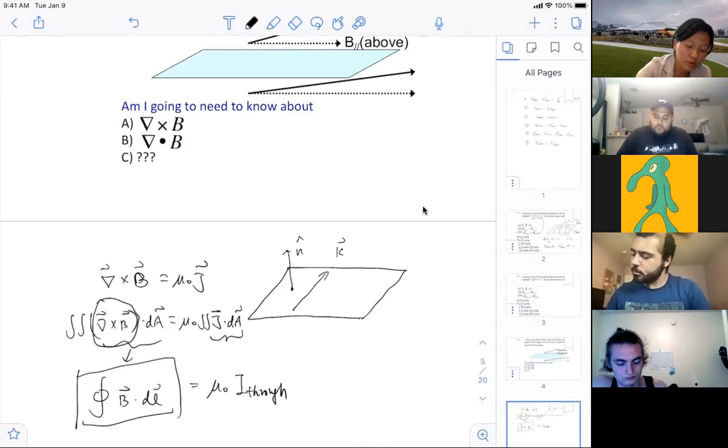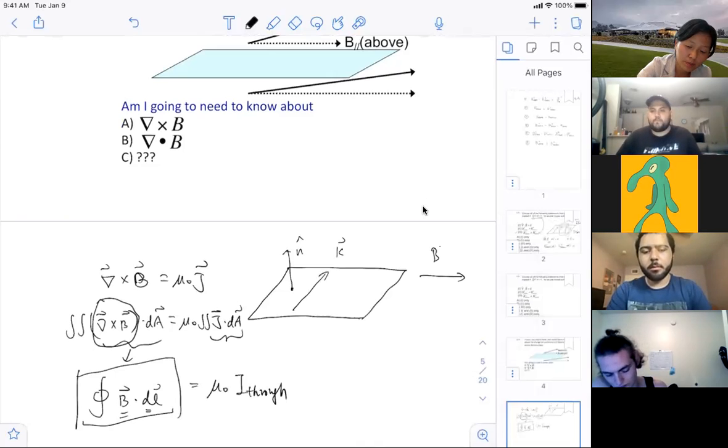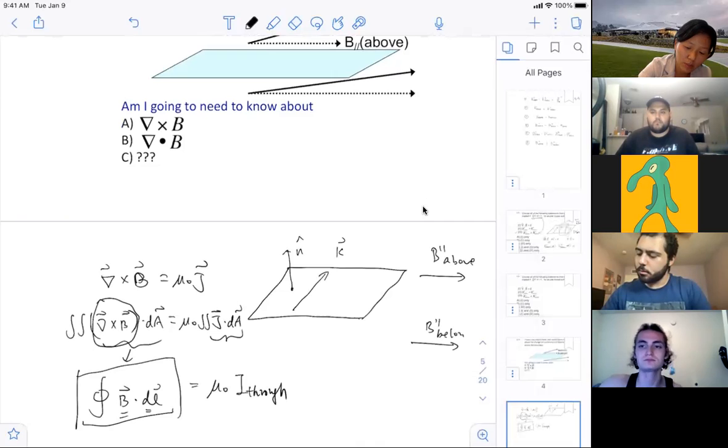So to know the parallel component, we need the curl because the parallel component relies on a loop parallel to the boundary. So here, this is the parallel above. You may have it be parallel below. So we will draw a sort of closed loop cutting through the boundary.